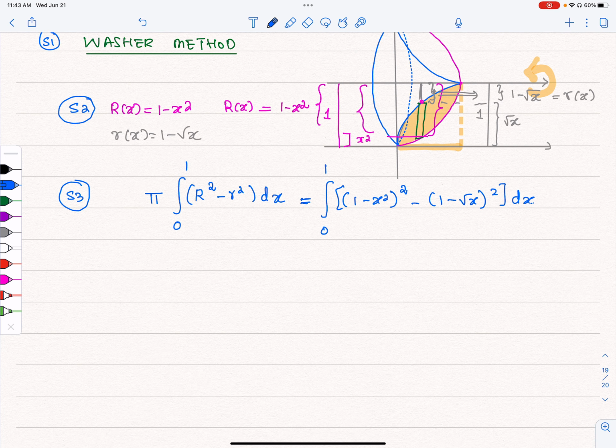And now if I continue this, I'm going to have the pi. That's my second answer. Okay. And so therefore this is going to be pi integral, if I simplify this, it's going to be 1 minus 2x squared plus x to the 4, minus 1 minus 2 root x plus x dx.